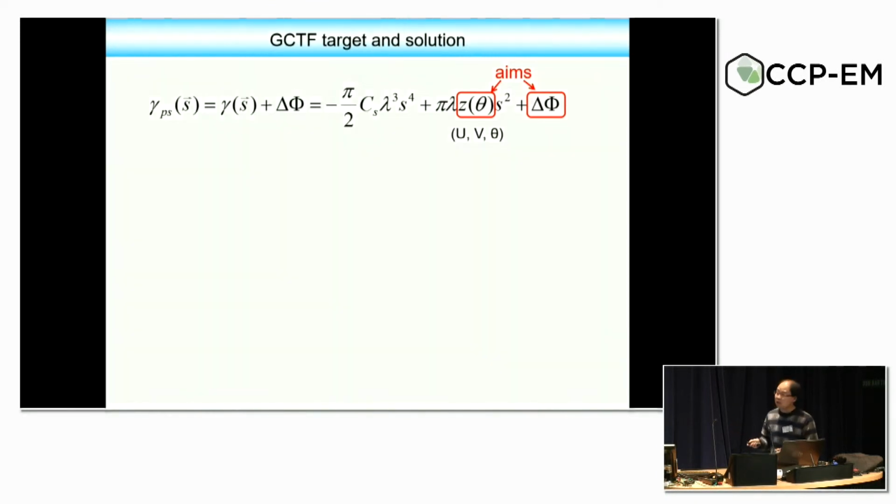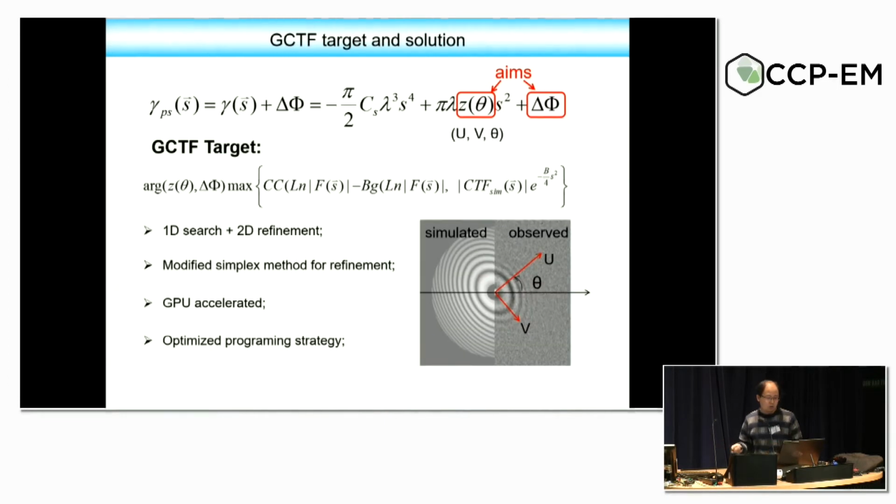In GCTF, the target is basically trying to estimate the unknown parameters that we lost during the experiment, because for other factors like the Cs or the wavelength, we all know these parameters, but not the defocus or phase shift. That can't be accurately controlled during the experiment.